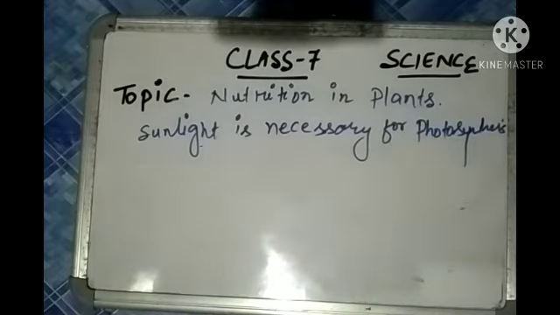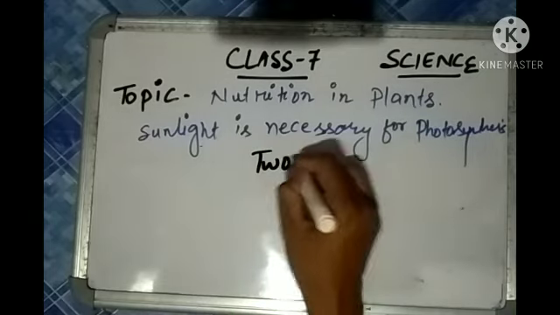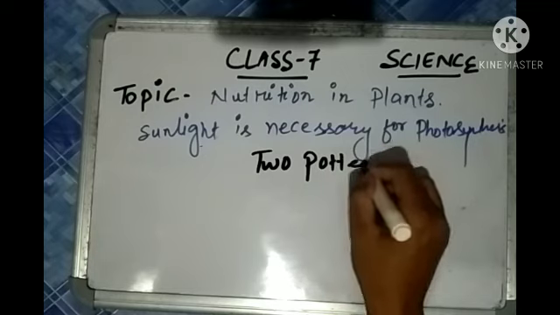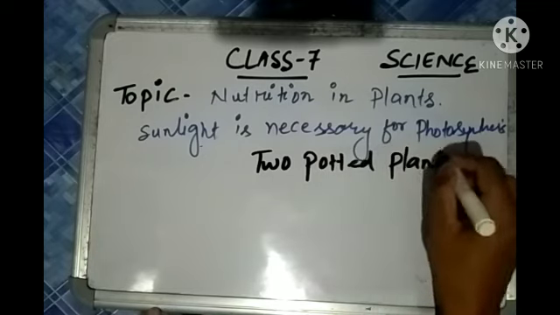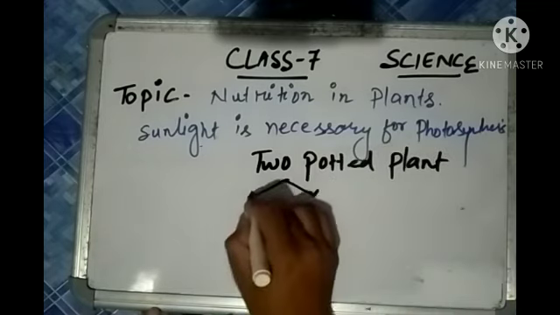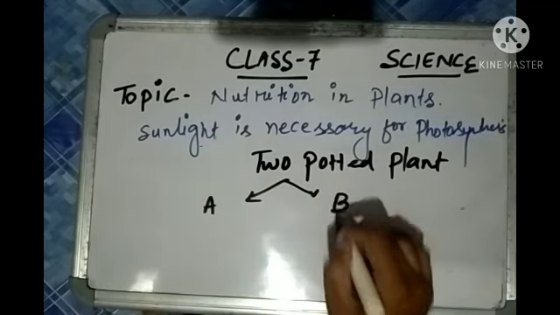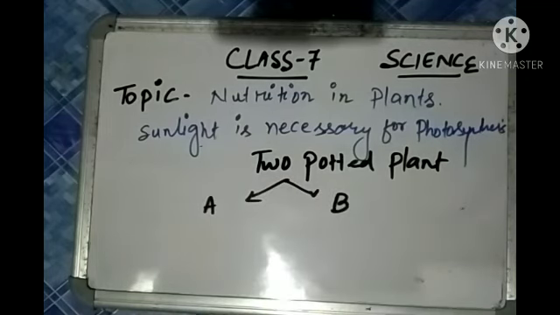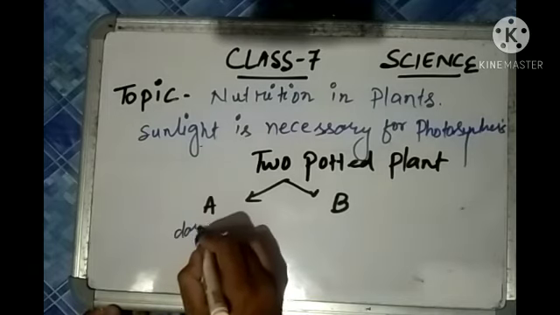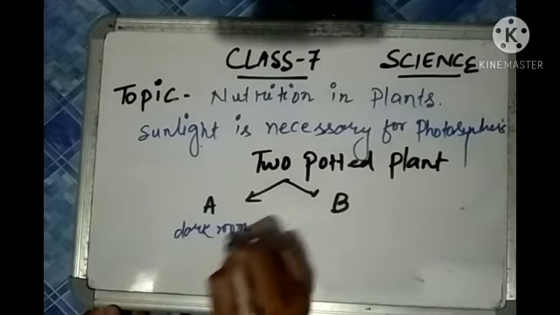In this activity we are going to take two potted plants, say for example A and B, and we are going to keep A and B in different places. A in a dark room for 72 hours.